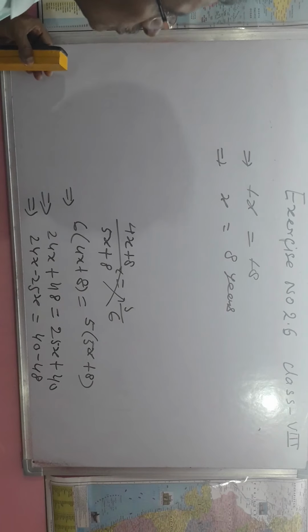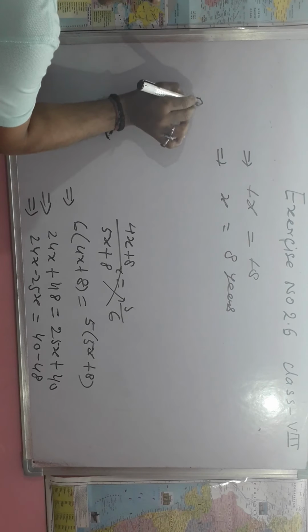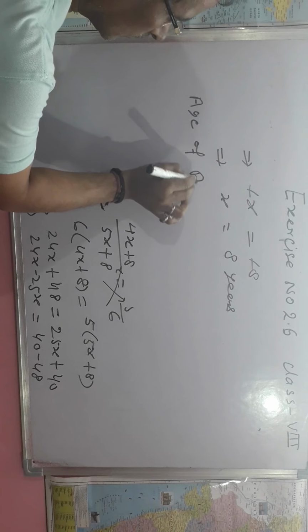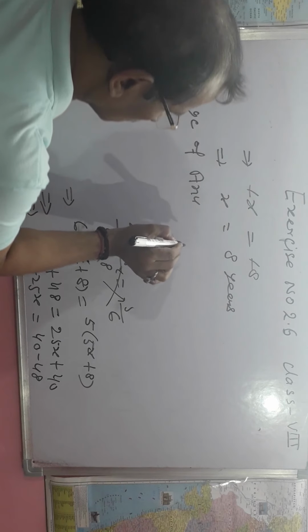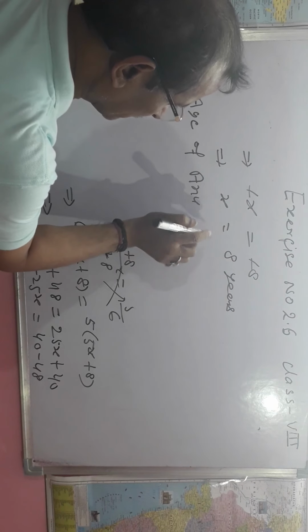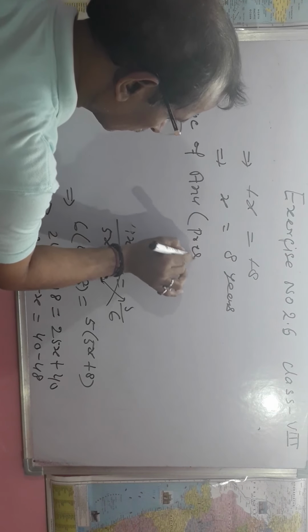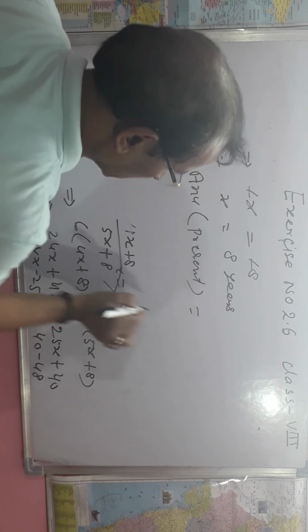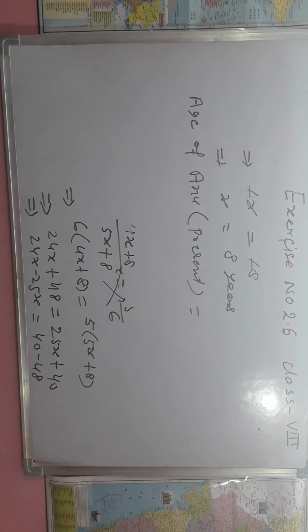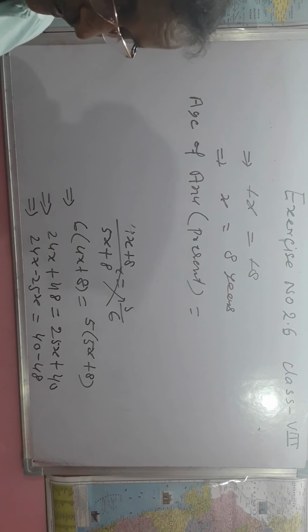Age of Anu, present age of Anu, that is equal to, here we write present, that is equal to, that was the ratio. How much ratio? It was 4:5.